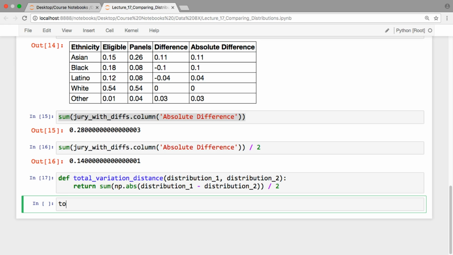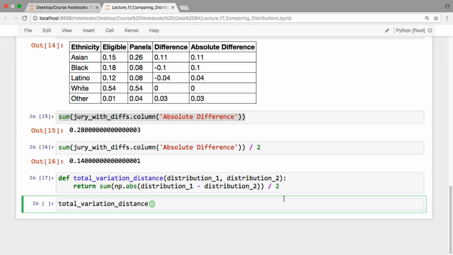To see whether our function does the right thing, let's apply it to the columns of the panels and the eligible jurors. It doesn't matter which you put as the first argument and which you put as the second. They just better be arrays.